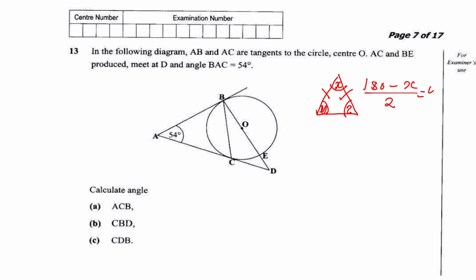So what we have is y and z, the lower angles. When you subtract 180 minus x and then divide by 2, you get y and z. Now in our case, we'll try to use this property as the first one.